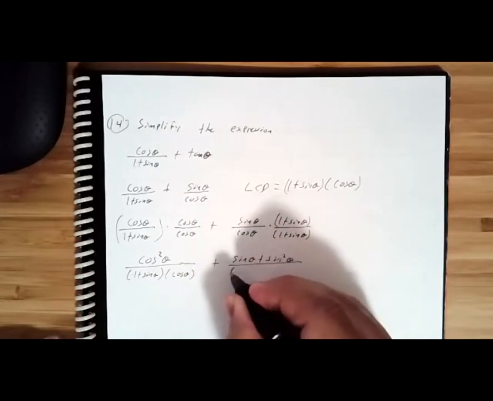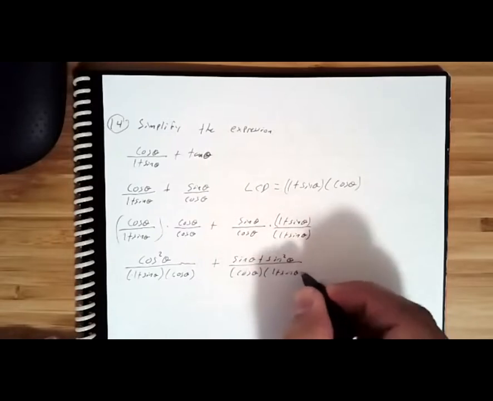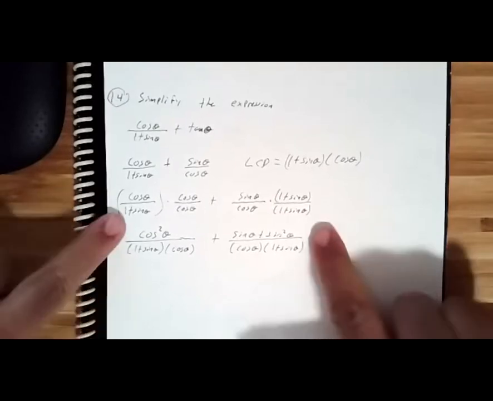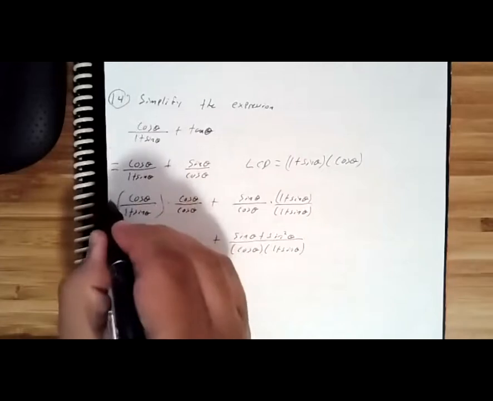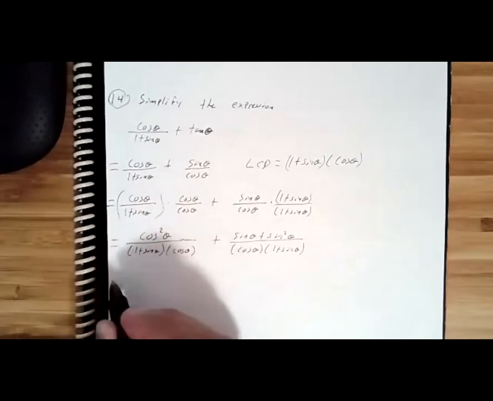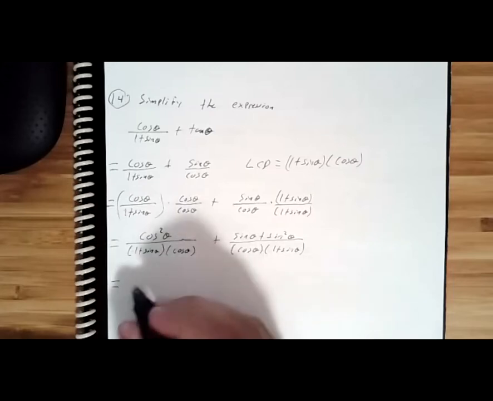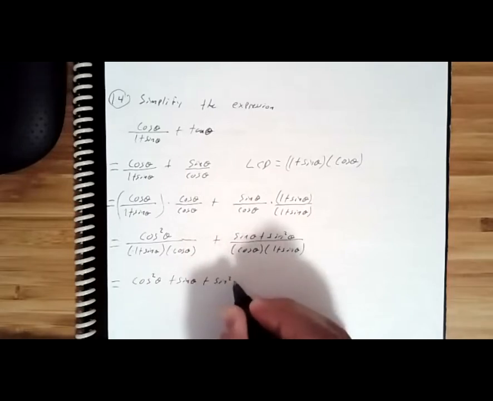So I'm just gonna leave it like that. So now they have the same LCD, so I can add the numerators. So that'll be cosine squared theta plus sine theta plus sine squared theta.